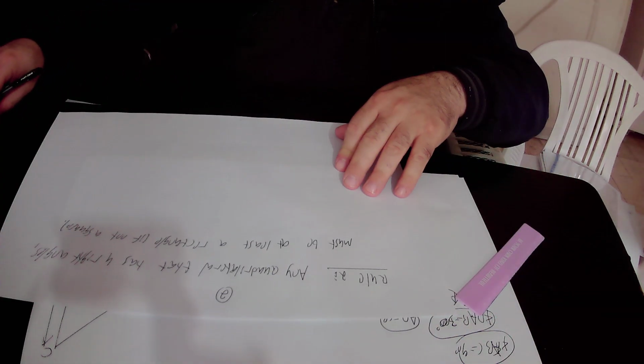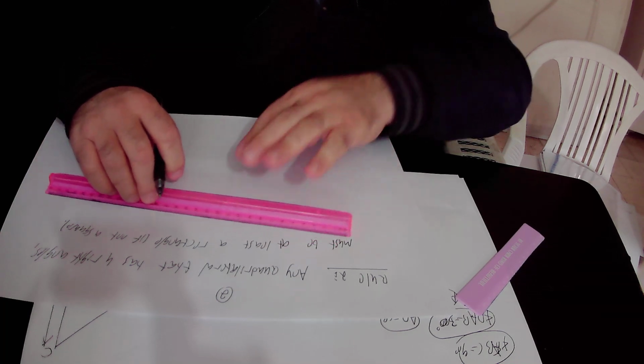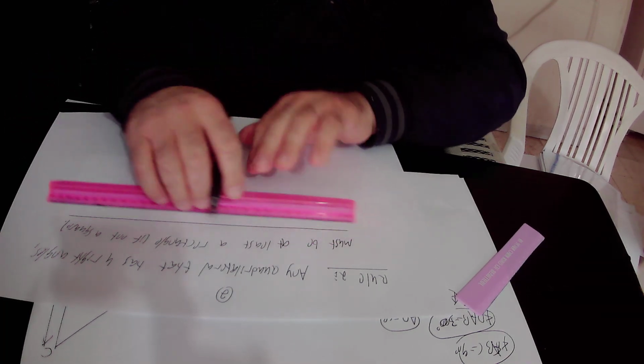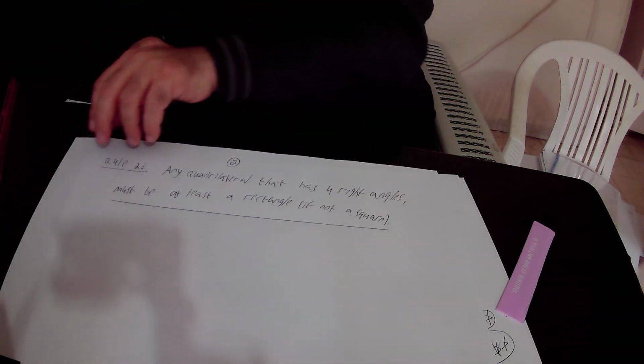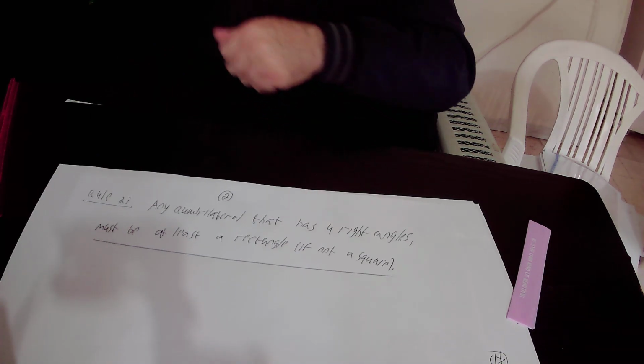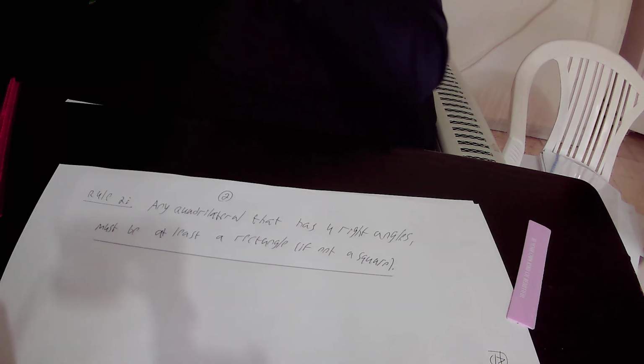I will read rule number 2 again. According to rule number 2, any quadrilateral that has four right angles must be at least a rectangle if not a square.